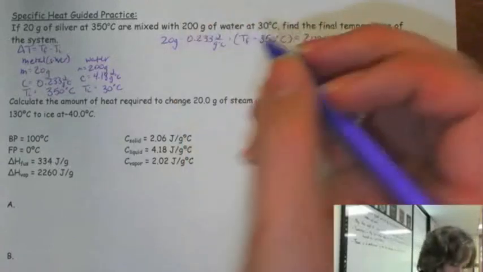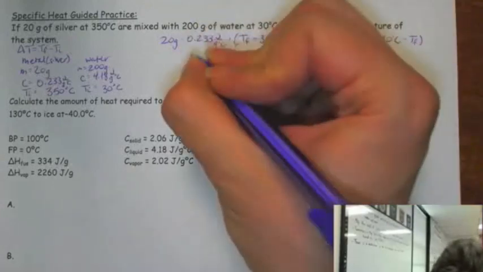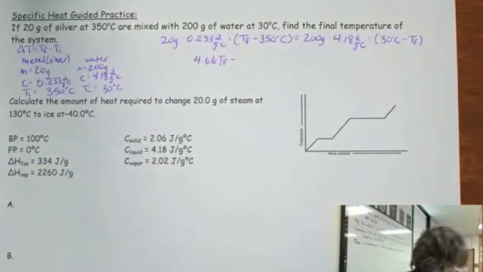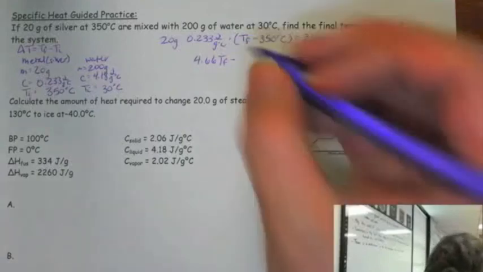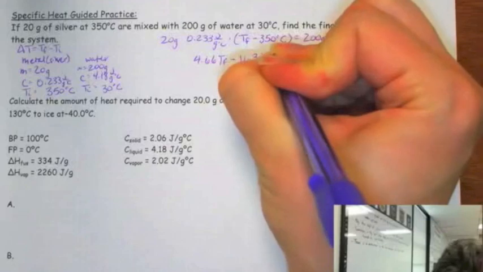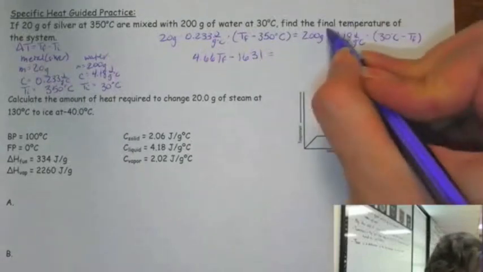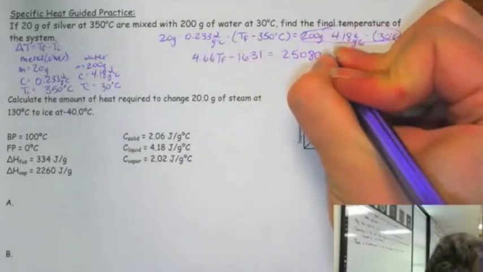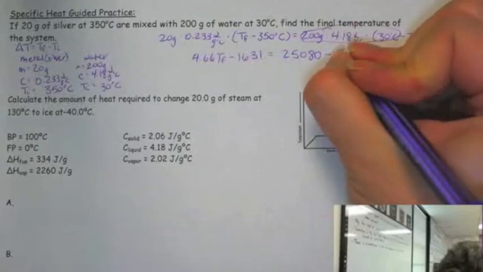So we're going to end up with 20 times 0.233, which is 4.66 times our TF, minus our 20 times 0.233 times our 350, so that's minus 1631, equals our 200 times our 4.18 times our 30, because we're going to multiply all of these together, and that's 25080 minus our 200 times our 4.18, and that's 836 TF.